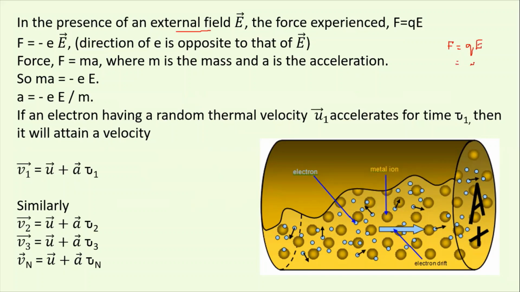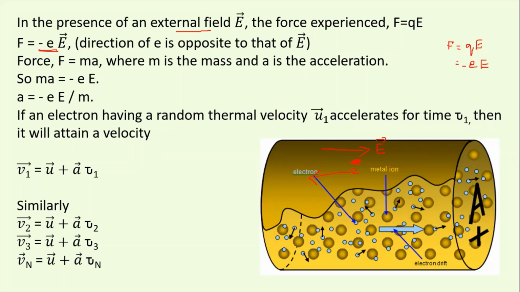Charge of electron, E. Again, you know that electrons will drift in the direction opposite to the electric field. Correct? Electrons will drift in the opposite direction. So we take a minus sign here. So F is equal to minus eE.